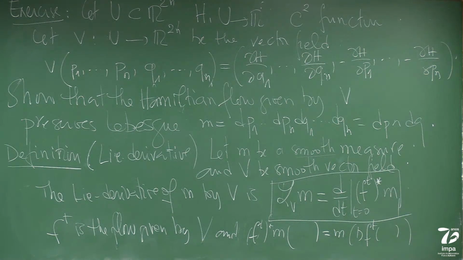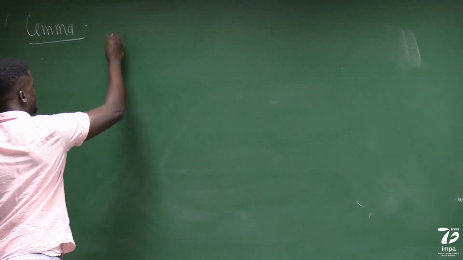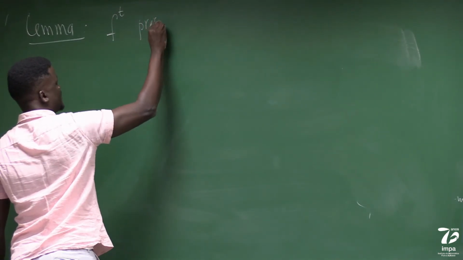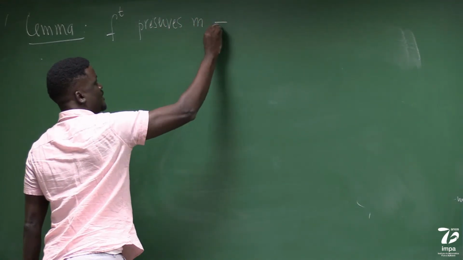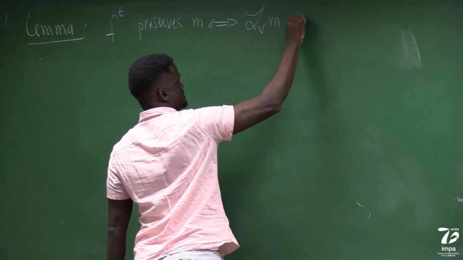There's this lemma that tells you that F_t preserves M if and only if the Lie derivative L_V M is 0.